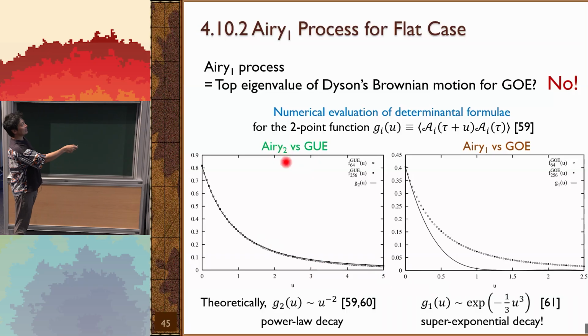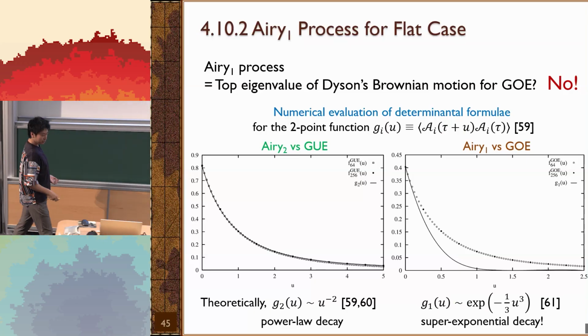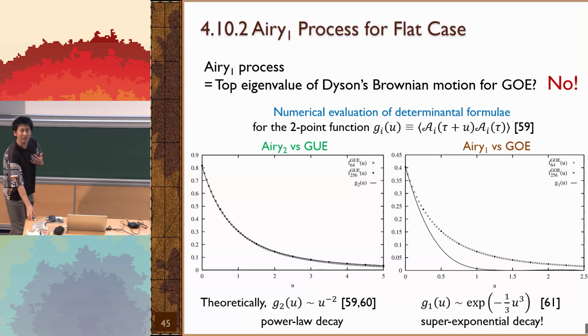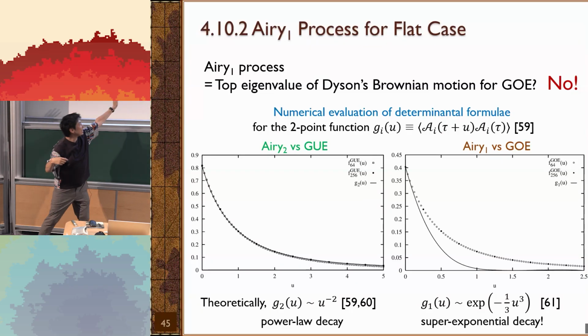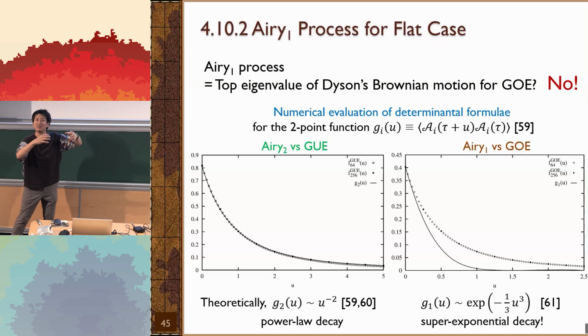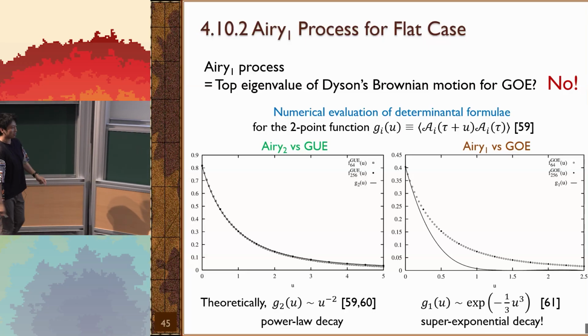For the Airy 2 process, the covariance decays by a power law, u to the minus 2. But for the Airy 1 process, the covariance decays super exponentially fast, exponential minus u cubed. It is quite surprising, at least to me. Your spatial correlation of your interfaces decays in a qualitatively different way between the circular and flat interfaces. But this is a result from the exact studies on the KPZ class.